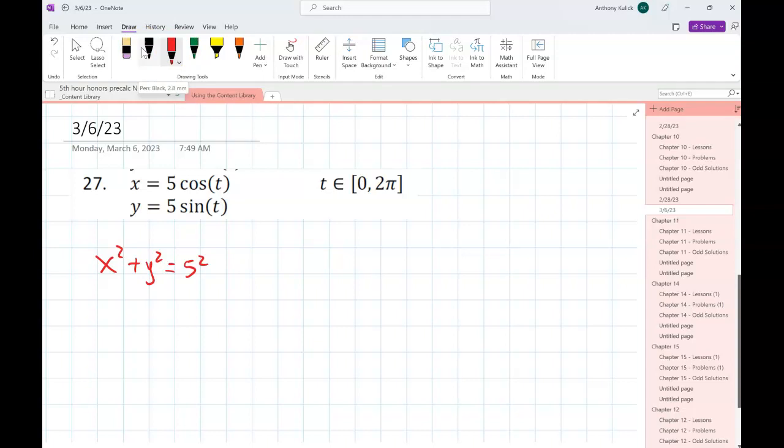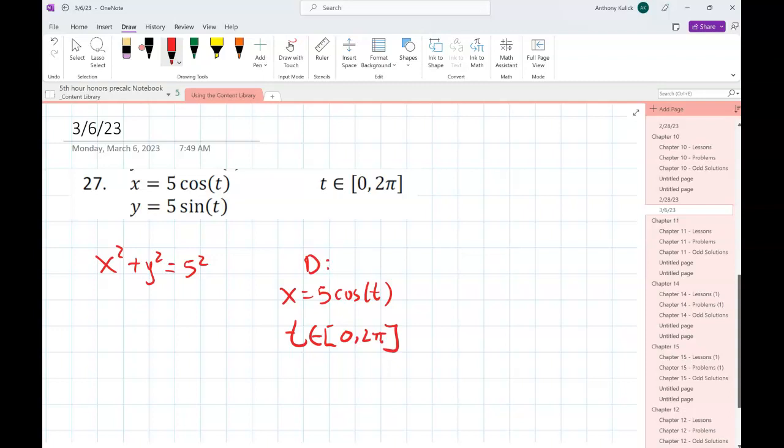So for the domain, what we're going to be looking at is 5 cosine t, right? Because that's the x variable. And I noticed that t is covering 0 to 2 pi.